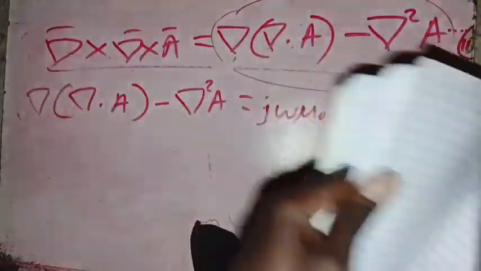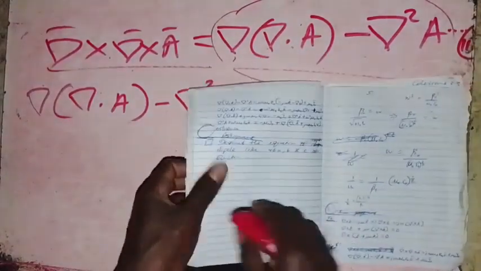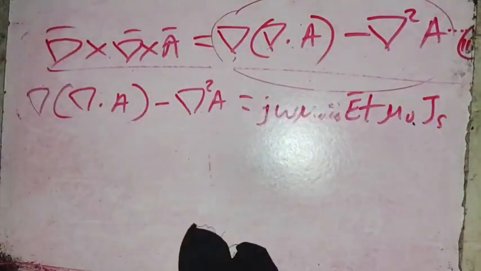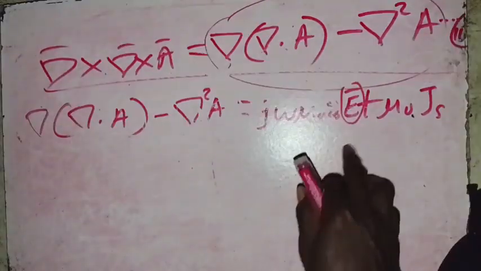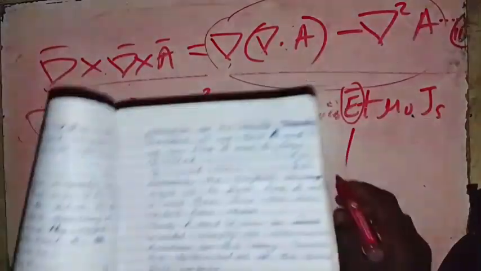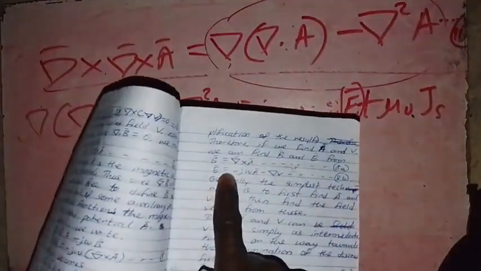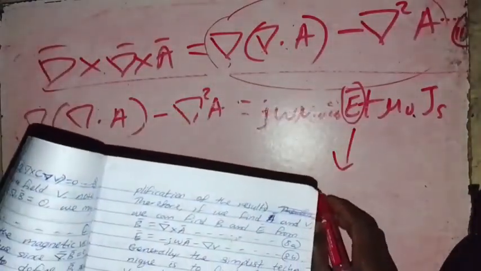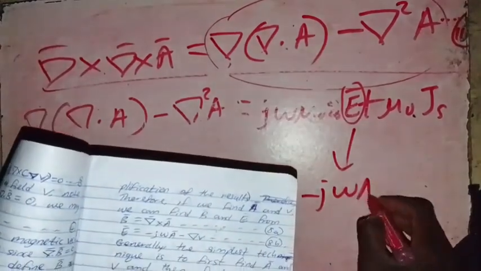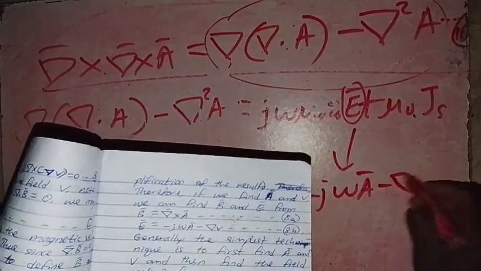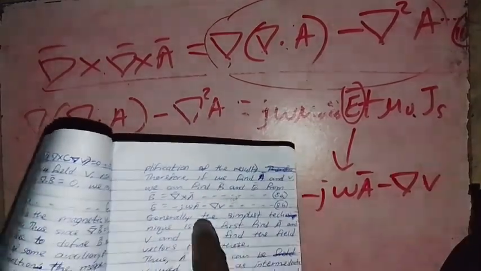Now, I've already done that at the back of my notes, so let's just do it together. Looking at this particular one, you can see that it has already been derived here from equation 8b. So that one is minus j omega A minus this. Look at it.